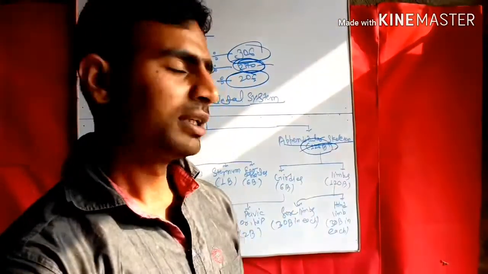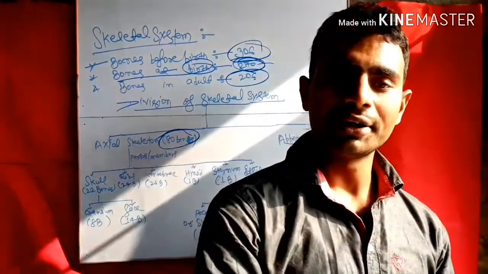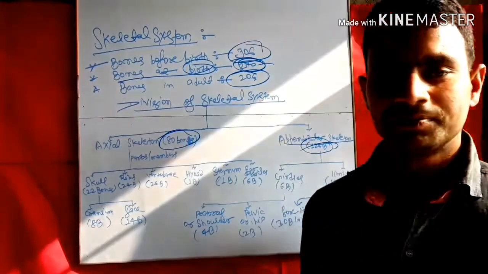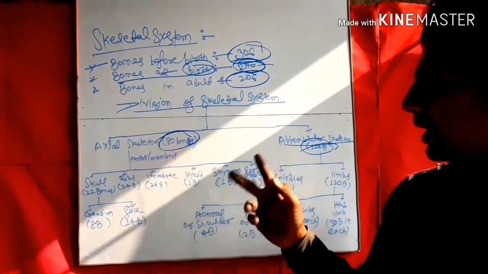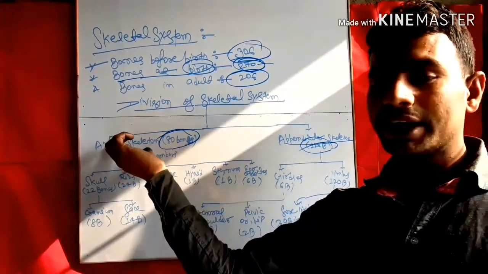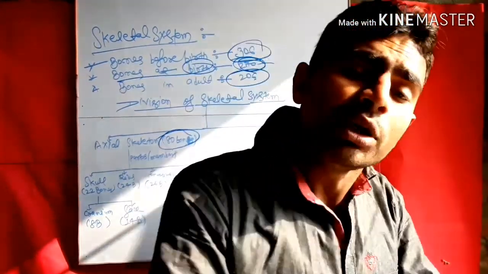When you add axial bones and appendicular bones, you get 206 bones.